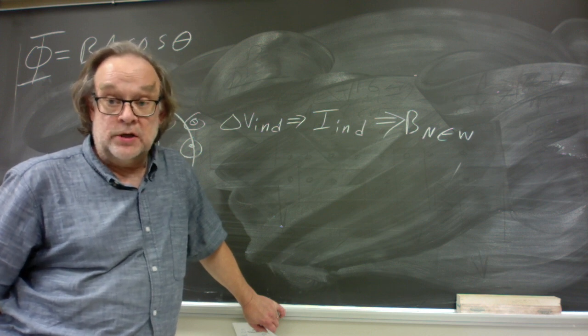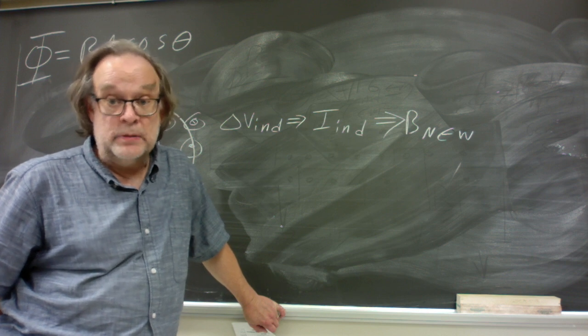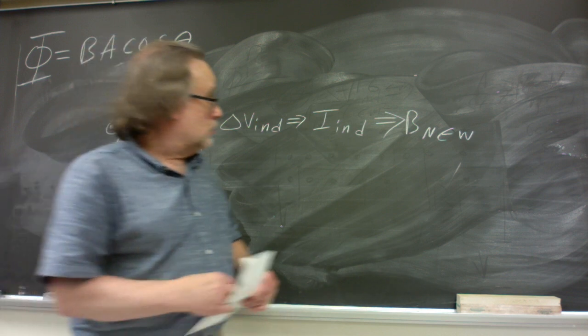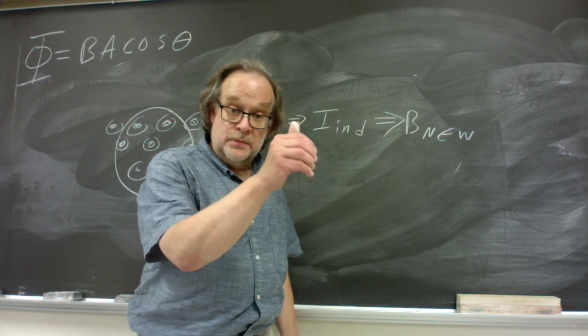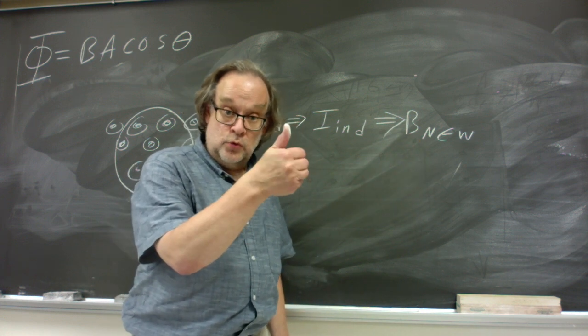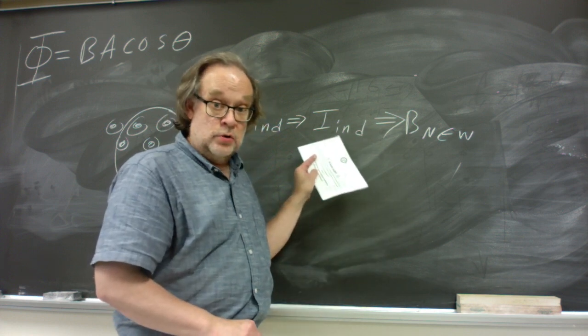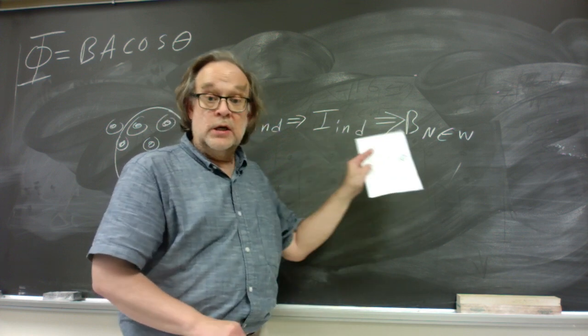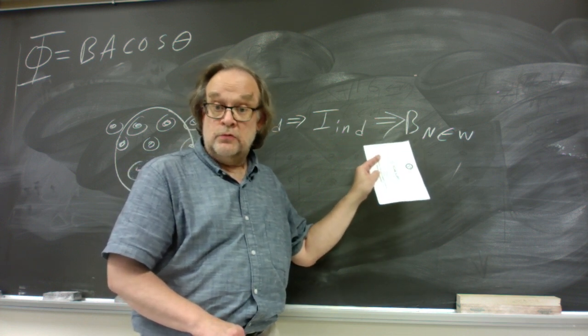Lenz's law tells us the direction of that new magnetic field. And once we know the direction of that field, we can use the thumb finger right hand rule to deduce what kind of current we had to have in order to produce that particular kind of field.